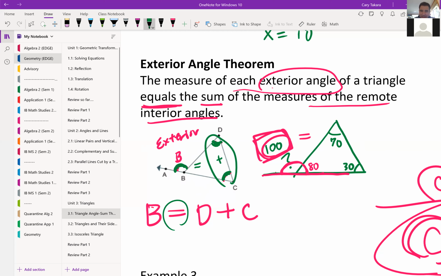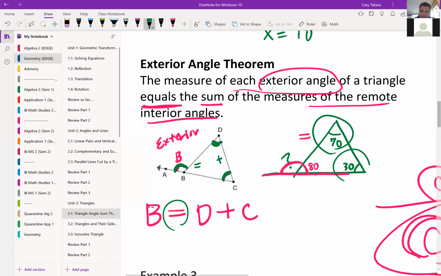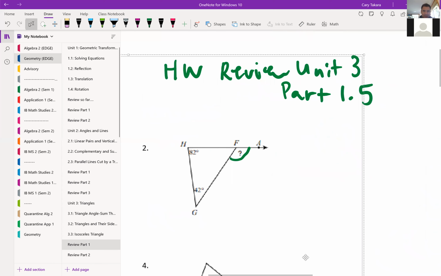For example, right here, if this is a 70 and if this is 30, that means this exterior angle is going to be 100. It's 70 plus 30. Okay, and that's what the exterior angle theorem is. So going back to that, it's an upside down picture, isn't it? But it's still the same.